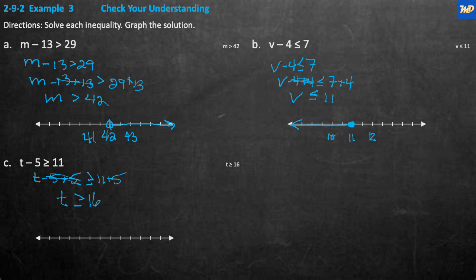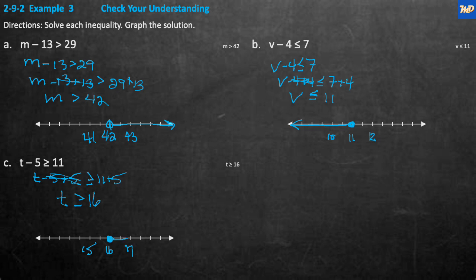So there's the solution, and we have an equal sign, so I'm going to write a 16 right here, a 17 right here, and a 15 right here, and it's equal to, so I'm going to put a dot right here on the 16. There's my dot, all filled in, and t is greater than that 16.